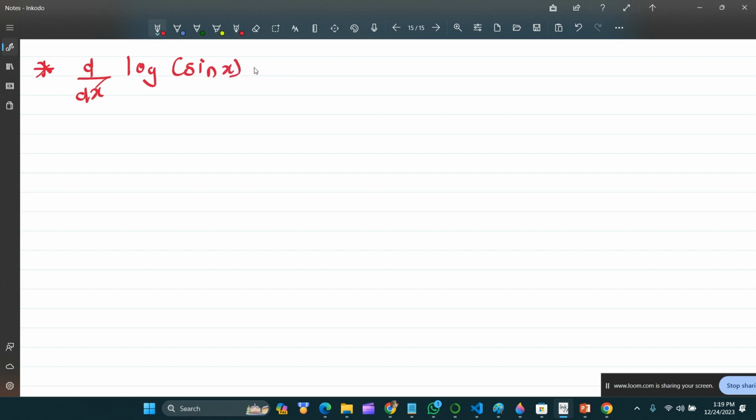Okay, as we have just seen, derivative of log of sin x. This is also a composite function.